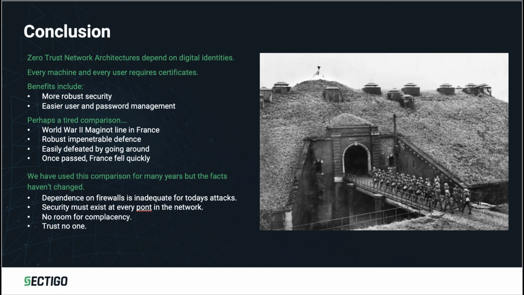I want to leave you with this idea, and some of you may have heard this before, but a lot of you probably heard about the Maginot Line, which was a French defensive system employed after World War I. At the onset of World War II, France had felt quite secure knowing that the Maginot Line was in place to defend themselves against their enemies. They felt that it was a robust, impenetrable defense.